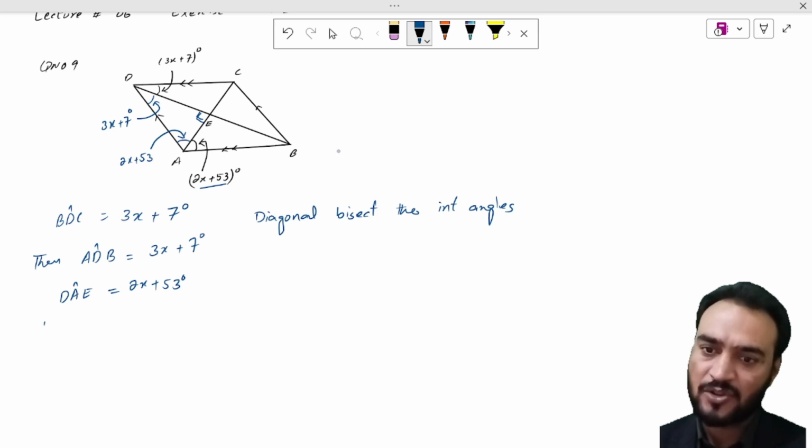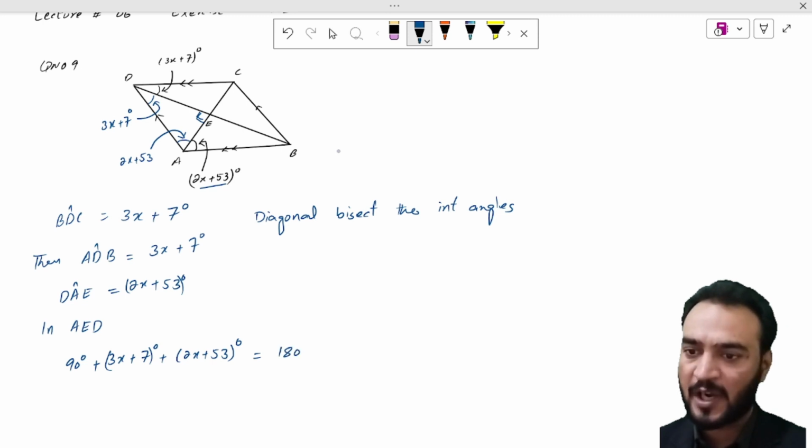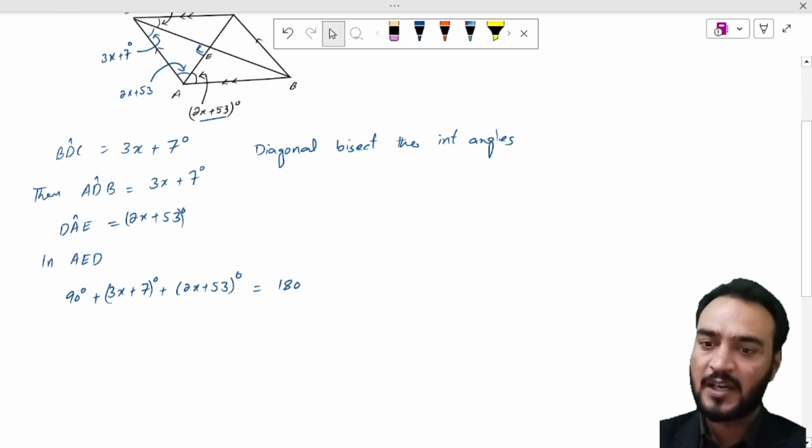Now we know in triangle AED there are three interior angles. One angle is 90 degrees at point E, the other angle is 3x plus 7 degrees, and the third angle is 2x plus 53 degrees, and the sum of these angles is equal to 180 degrees because now they are the interior angles of a triangle.